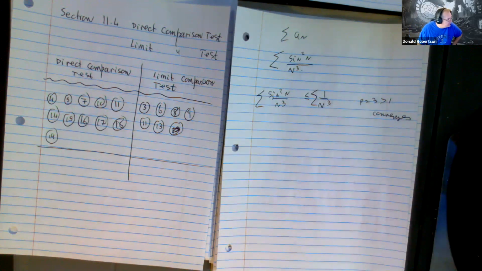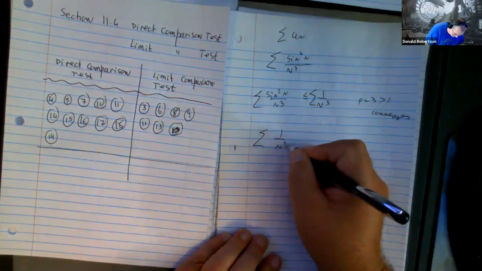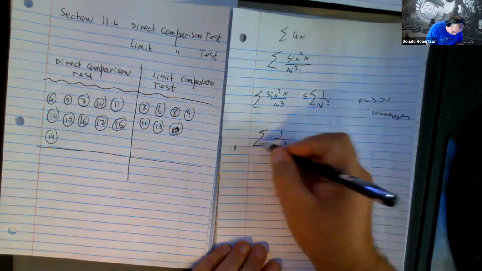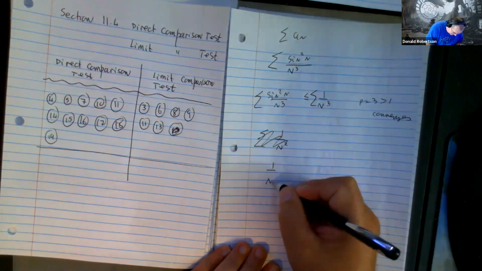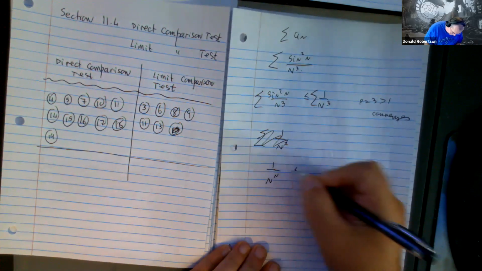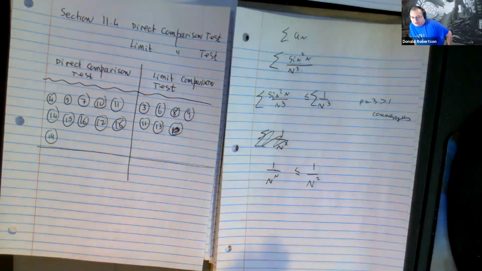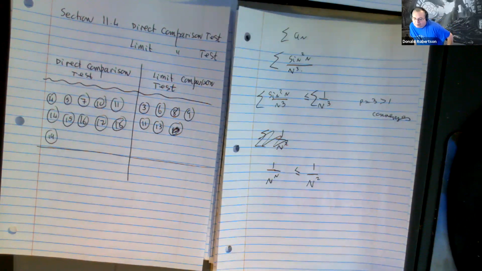Let's try. Who shall I pick? Oh, here's a really good one. Oh, sorry. Let's do this guy. Would you agree that 1 over n to the power of n is less than or equal to 1 over n squared?